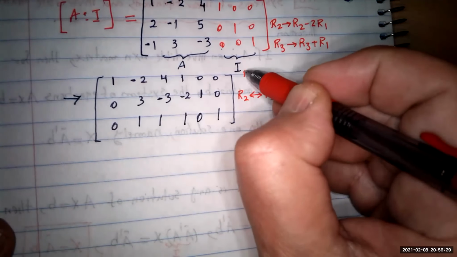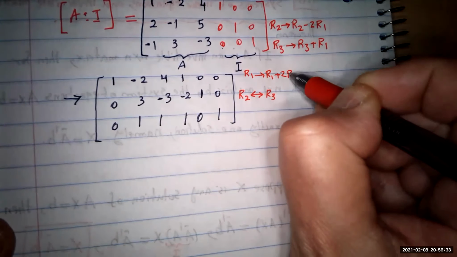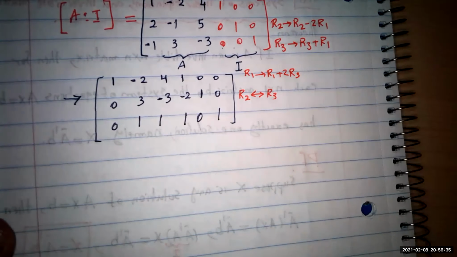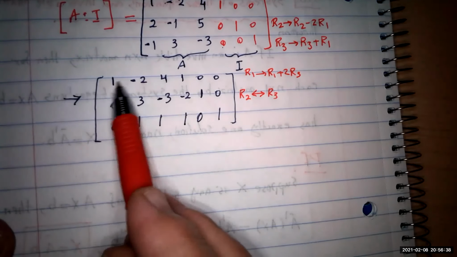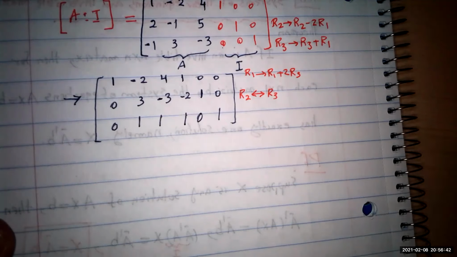So R1 is going to be R1 plus 2R3. Okay, that's going to be your R1 to R3, just to make it 0 and then continue.